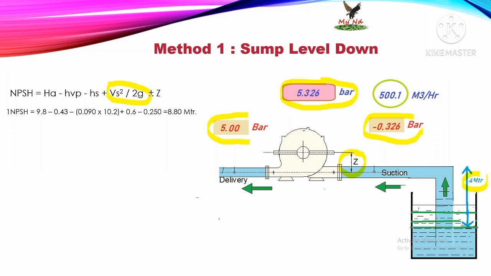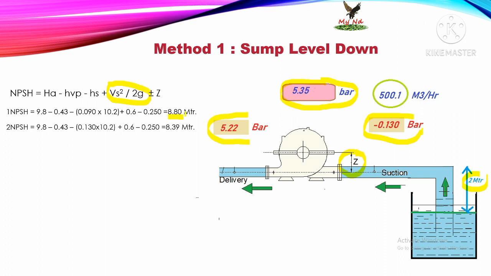And plus or minus Z, the impeller center to suction center height, is 0.25 meter. So by calculating, our NPSH value is 8.8 meter.